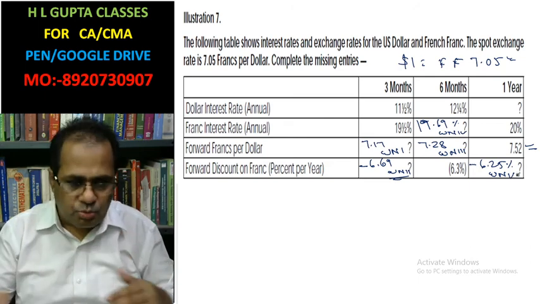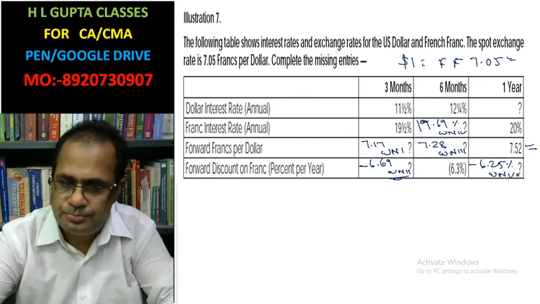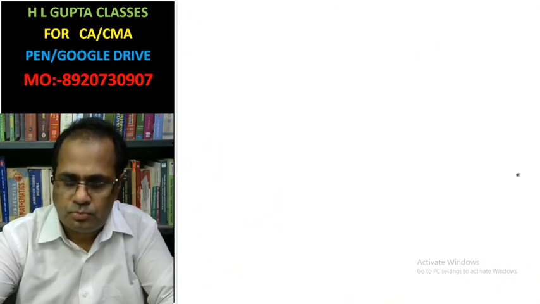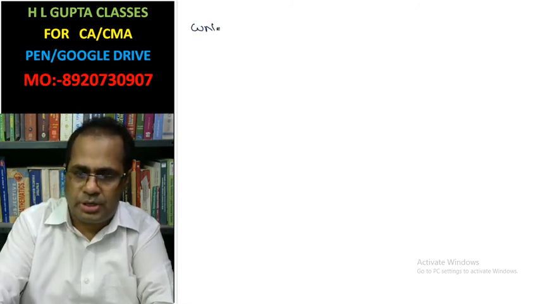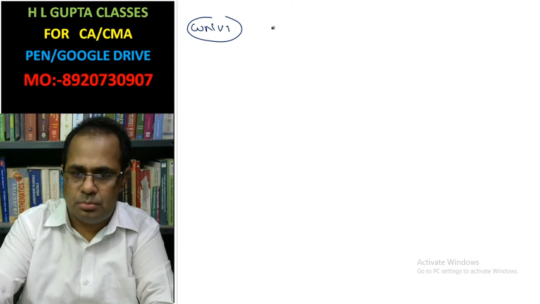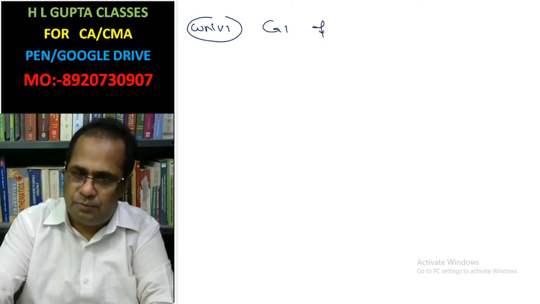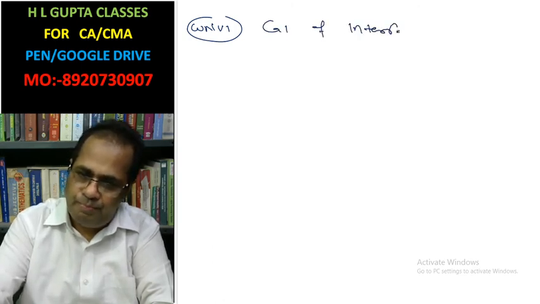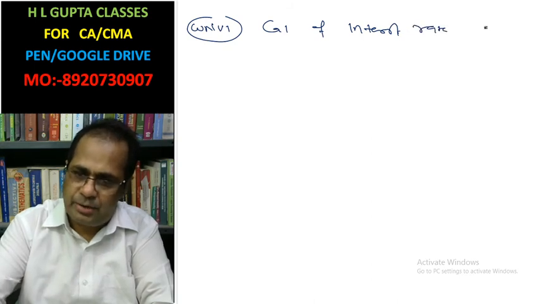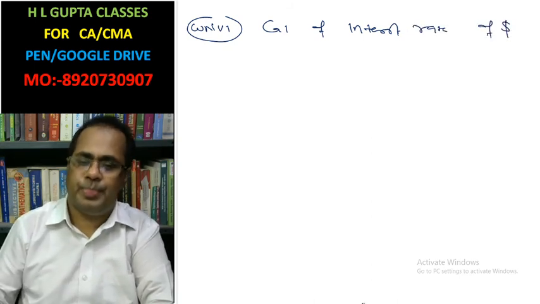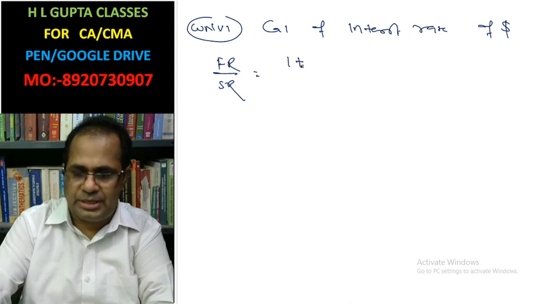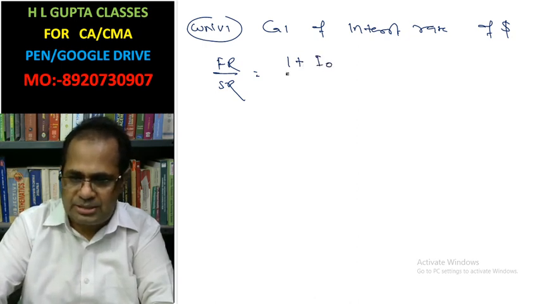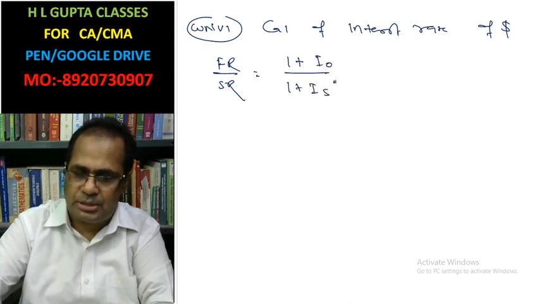Now you have to calculate interest of dollar. Working note 6. Calculation of interest rate of dollar. Forward rate upon spot rate equals 1 plus interest rate of the other currency upon 1 plus interest rate of the same currency.